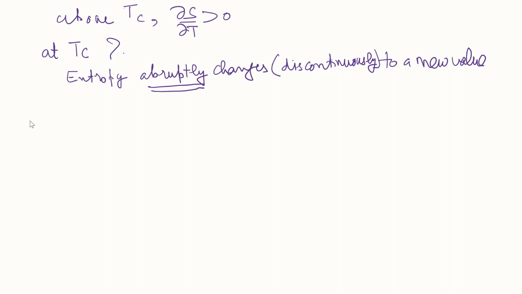Let's try to understand what happens to the heat capacity Cx, where x simply represents the constraint. It could be constant temperature, pressure, or constant volume also. Cx is defined by dq by dt. What is dq? That's the energy exchanged. At critical temperature, we will multiply Tc by the change in entropy.